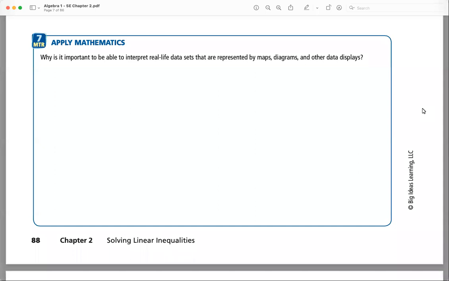At the bottom of your page, it says, why is it important to be able to interpret real-life data sets that are represented by maps, diagrams, and other data displays?